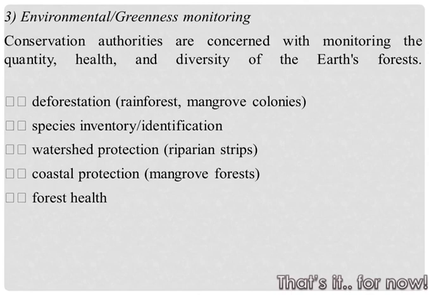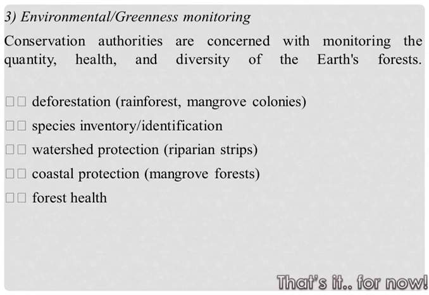How much deforestation has been done, like in rainforest or mangrove or other kinds of plant colonies. What can be the better species inventory and identification? What kind of plants are there? How many plants, and what kind of species of plants are there? Water protection as well, how much riparian strip area is there in that forest.